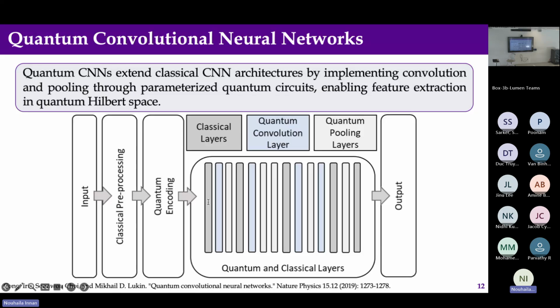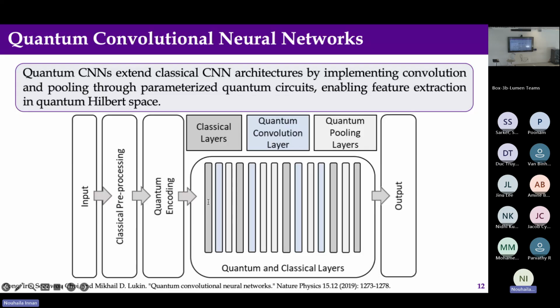Another one is the quantum convolutional neural network. Usually the classical CNNs are built upon convolutional layers for extracting the features of the input, and most of the time are used for image classification tasks in computer vision.